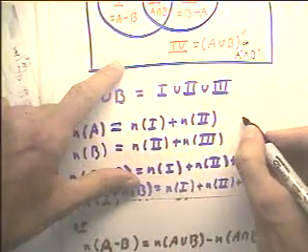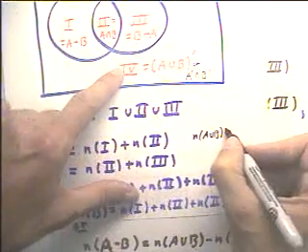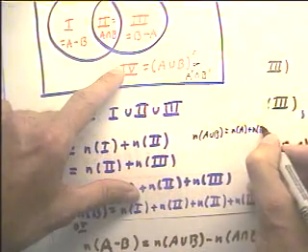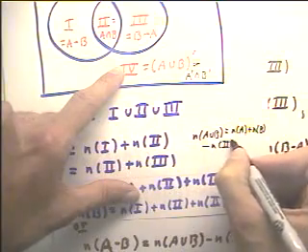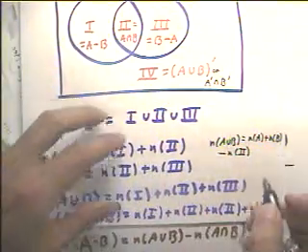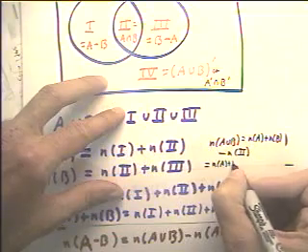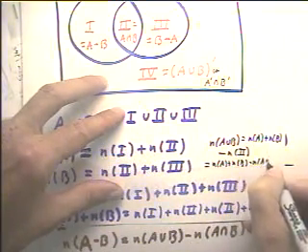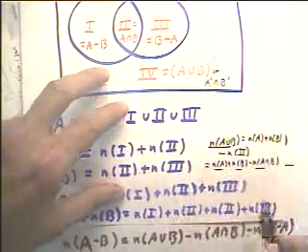From this, we can conclude that the number in A union B equals the number in A plus the number in B minus the number in region 2. Now, region 2 is just the intersection of the two sets, so that this is the number in A plus the number in B minus the number in the intersection. This equals this.